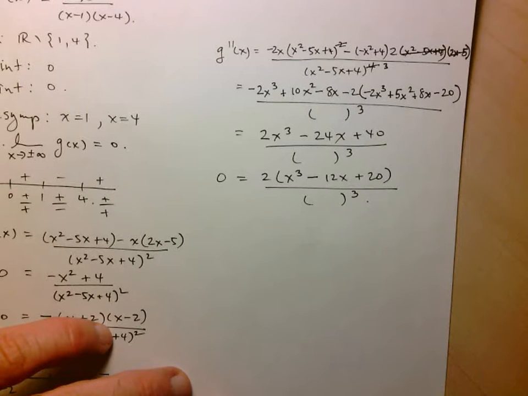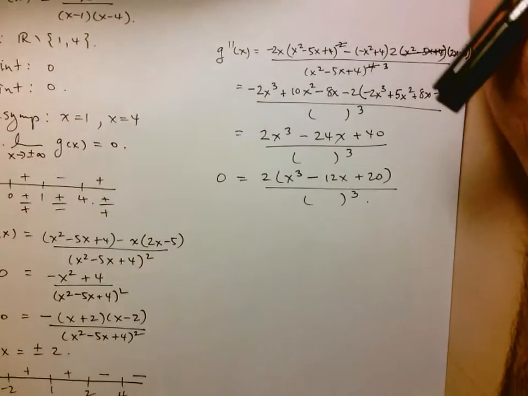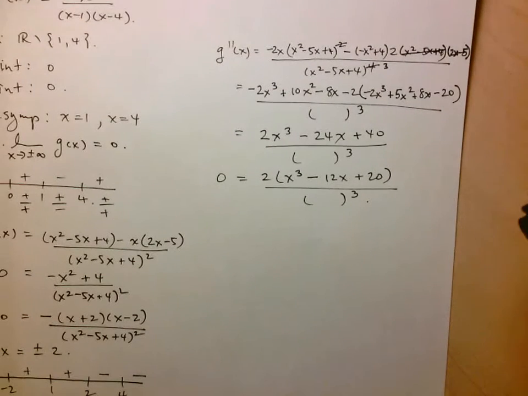Fortunately, I can't show you that here, so I'm going to put in x cubed minus 12x plus 20 equals 0. Okay, and press go.